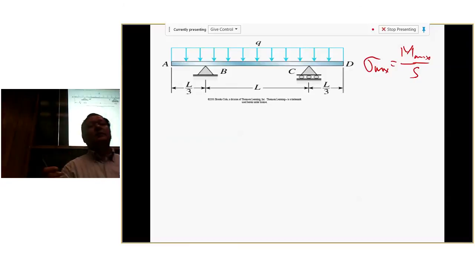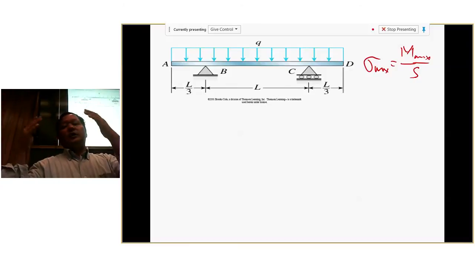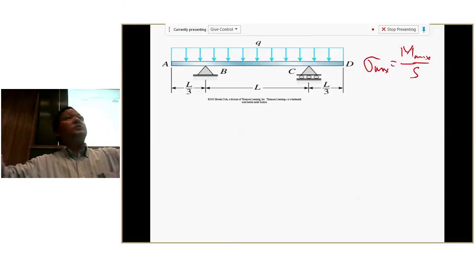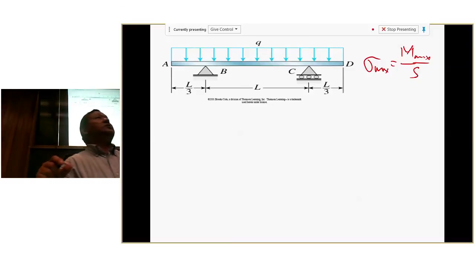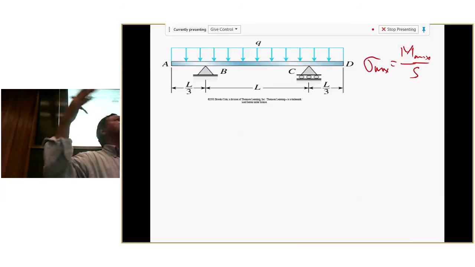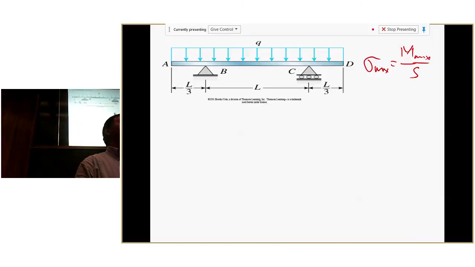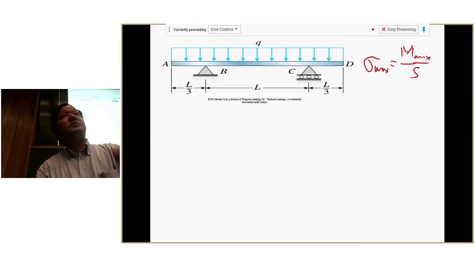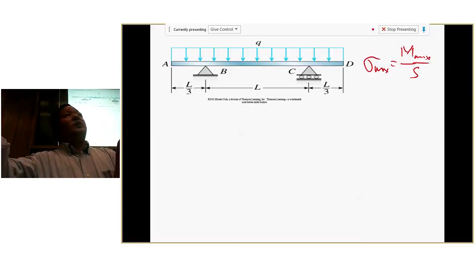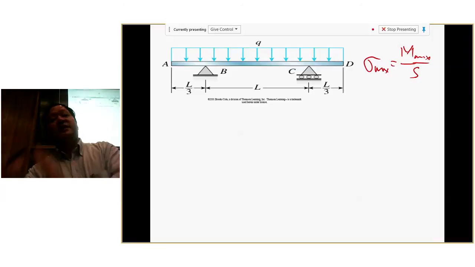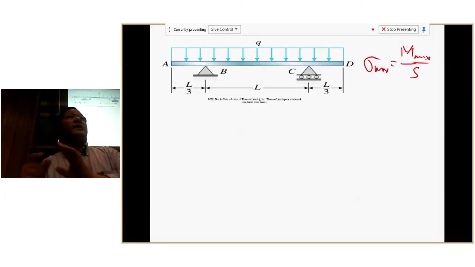Second one: I give you the beam, so you know the section modulus, and I know the material, so I know the stress limit. I ask you how much moment I can apply there, what the M maximum is. The third one: I know how much stress it can take and how much moment there is, and I ask you to select the section modulus, to design the beam.